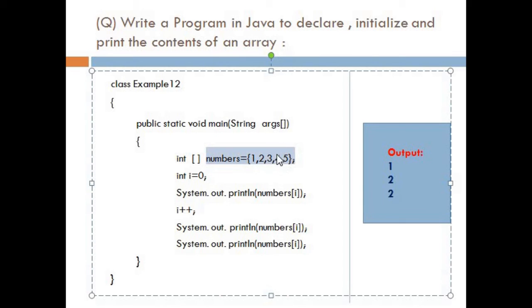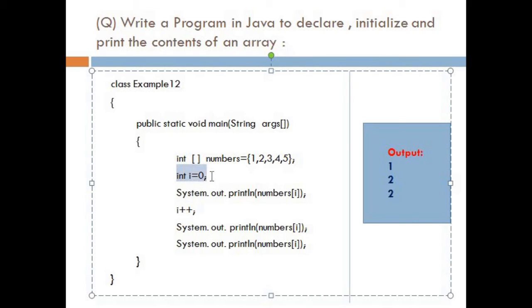The element 4, the fourth element, is stored at the index 3, and the element 5, the fifth element, is stored at the index 4. Now remember one thing, that the index always starts with 0. So the first element 1 is stored at the index 0.